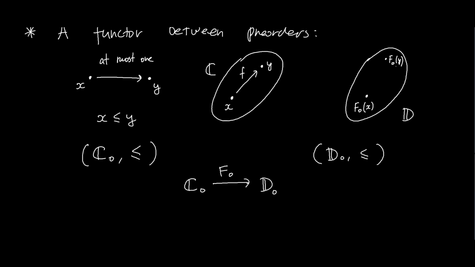And then by the axioms 1 and 2, it must map F to a morphism which will be called F1 of F, right? But that morphism needs to run from F0 of X to F0 of Y, right? But remember, there is only at most one such morphism there. So we don't really have much choice.